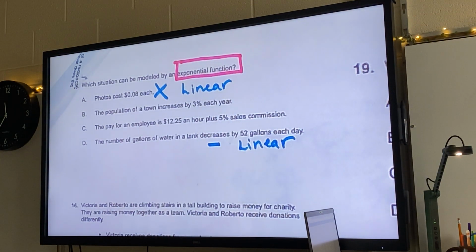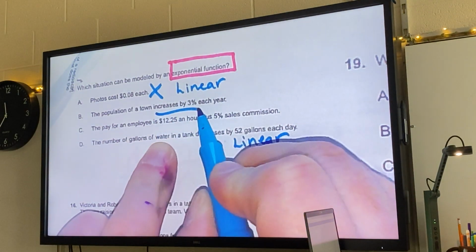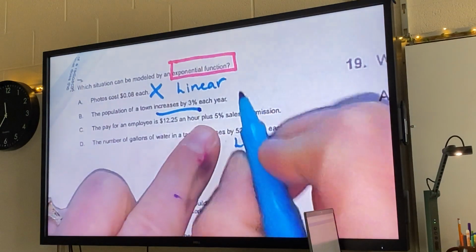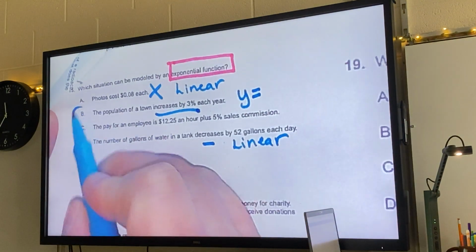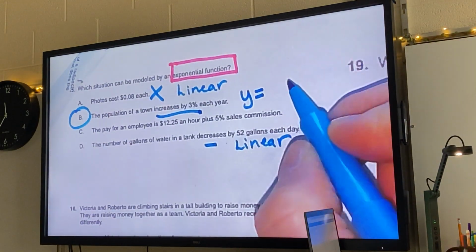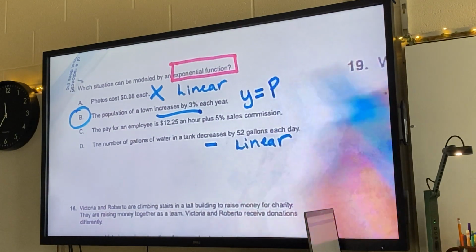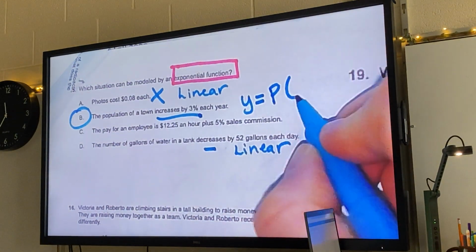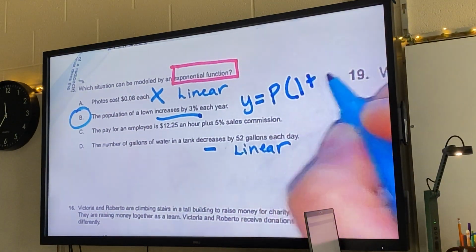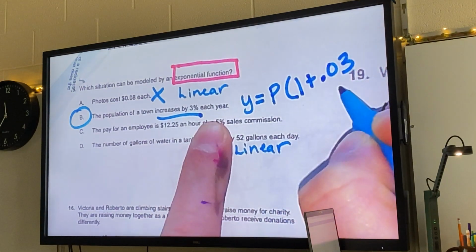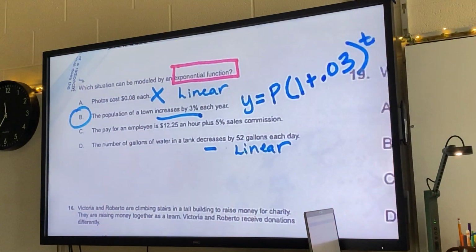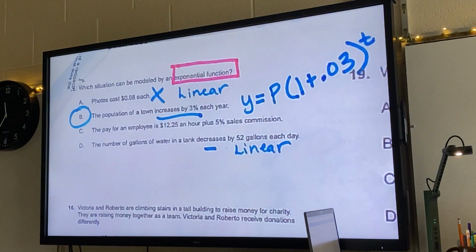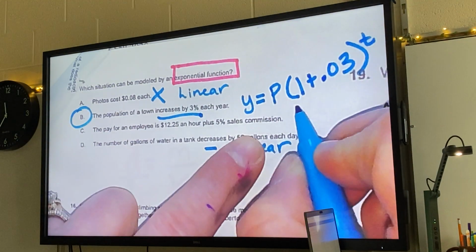Population growth, bacteria growth. So if it's increasing 3%, your equation would be whatever the original population was, and we don't know what that is, so I'm going to just put P for population, times 1 plus 0.03 for that 3%, to the T, T being time in years. So that is exponential growth.